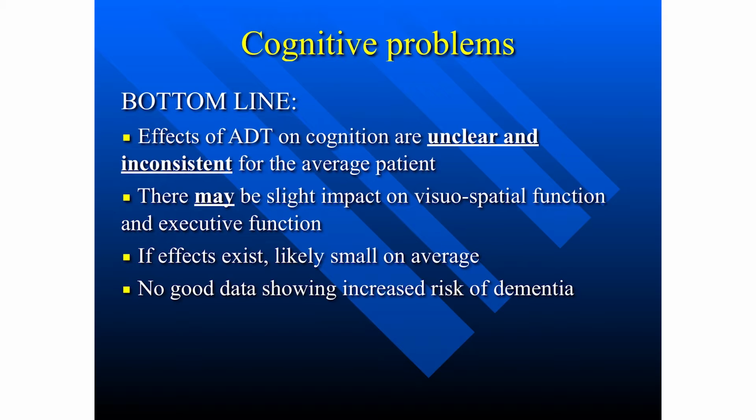And if these effects exist, on average, they are likely small. There is no good data to date suggesting an increased risk of developing dementia, Alzheimer's, etc., while on ADT. Although one study suggested that might be the case, that study had some very serious limitations.